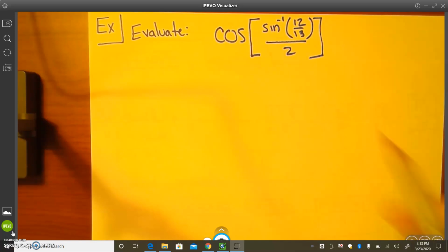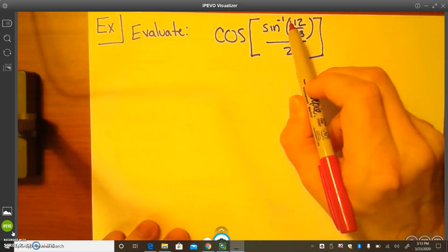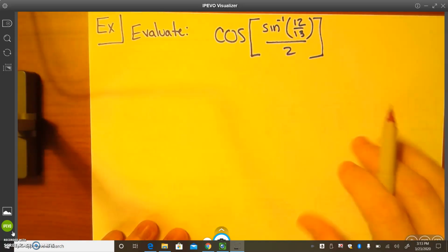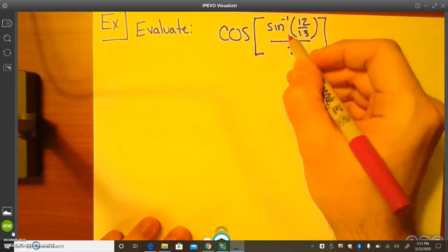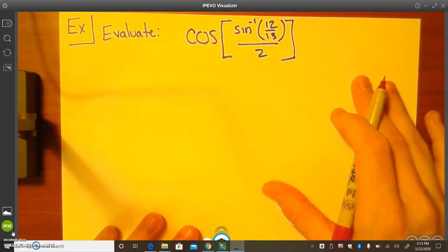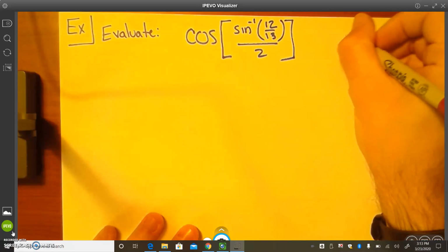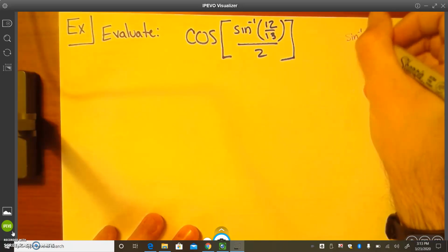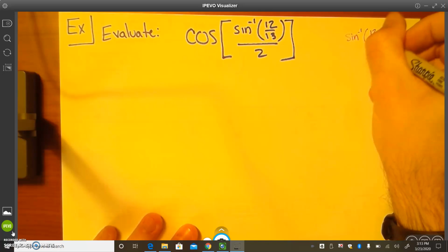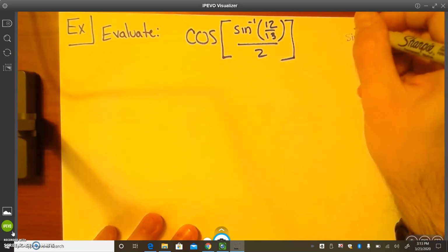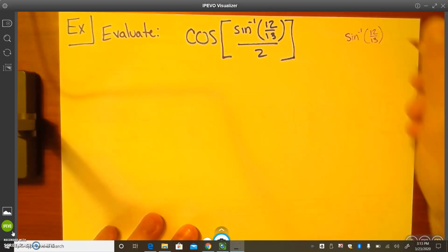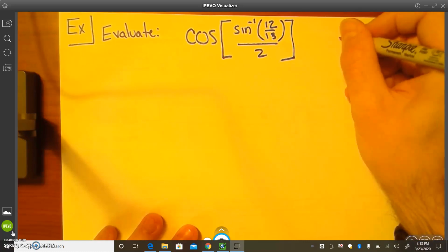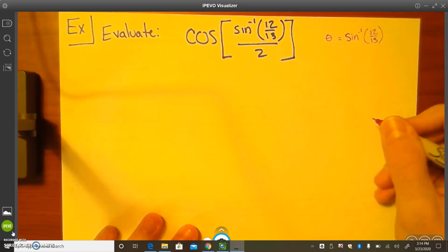So we have cosine of something divided by 2. Well, the something that we're dividing by 2 is sine inverse of this ratio. So I don't know what angle sine inverse of 12 over 13 is, but I do know it's going to be an angle all the same.